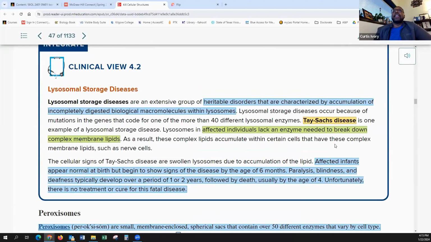So here is another clinical view of lysosomes. There is what's referred to as lysosomal storage disease. This is also inherited from your parents. Essentially, this can be an accumulation of incompletely digested biological molecules within lysosomes. So lysosomes lose their function in this disease. And if they lose their function, remember, lysosomes are going to break down dead materials and debris within our cells.